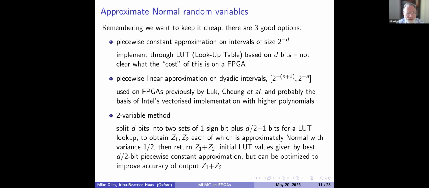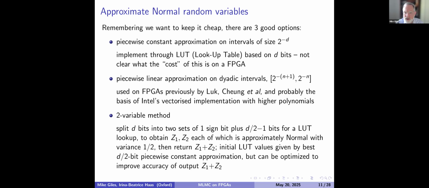Another method, which I think could potentially be the best of the three, is to take the D bits, split them into two sets of D over 2 bits, one of which you take as a sign bit, and use a lookup table for the D over 2 bits. So now that's a much smaller lookup table. And so what that's going to give you are two approximate normal random numbers, Z1 and Z2.